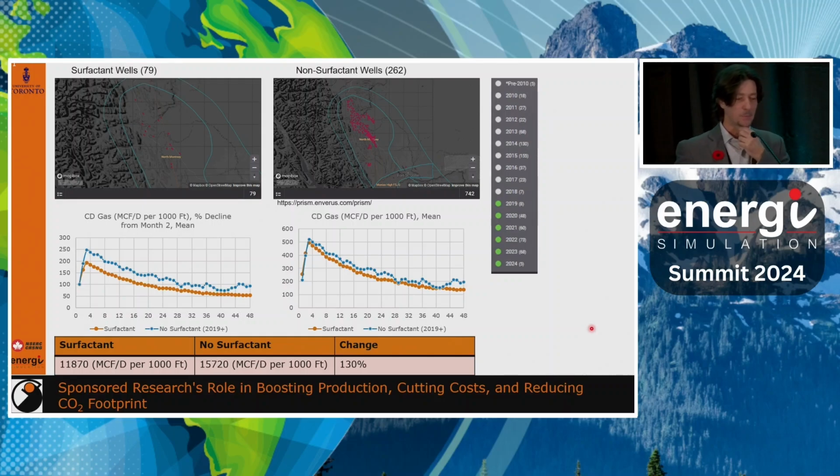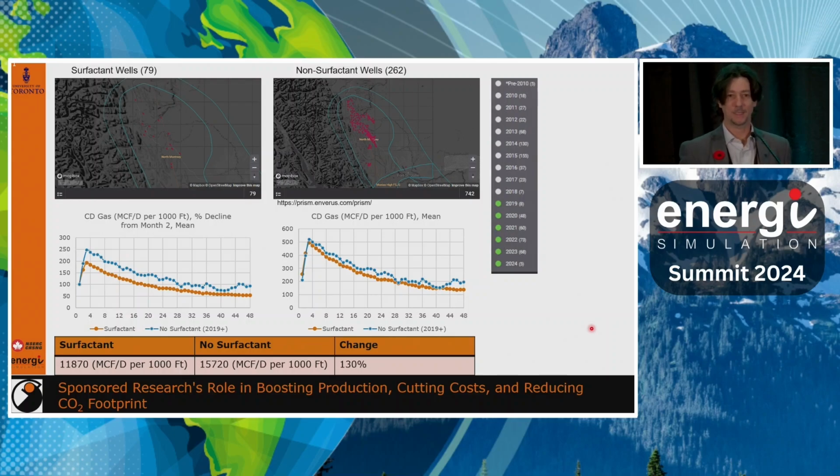So we had access to Enverus, a very nice database, so we could harvest all the production curves of those 262 wells and compare them to the wells that were completed using surfactant. We checked how the production changed.